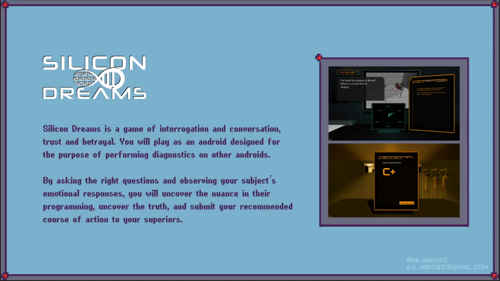And in this game, we are not doing exactly that, but we also have conversations and interviews with androids that were reported as behaving weirdly, and our goal is to figure out what is wrong with the android, and then we can make a decision what we will do with it. We are also an android, working for the company, so we need to be careful what we do with the androids, if we will say the truth about their state, or maybe we would like to help them. It's a bit also inspired by Papers, Please.